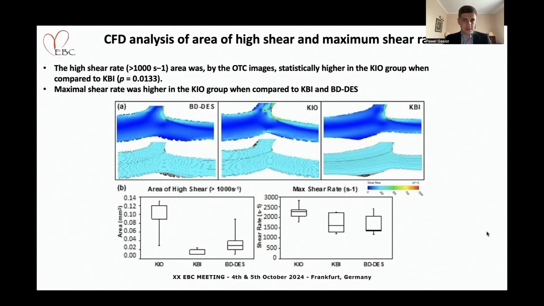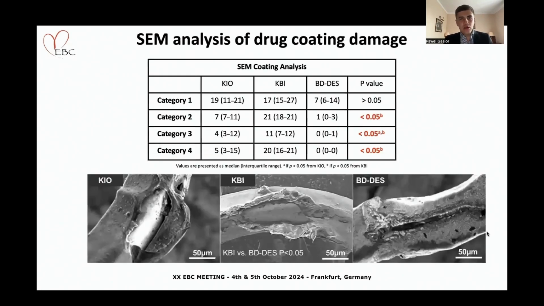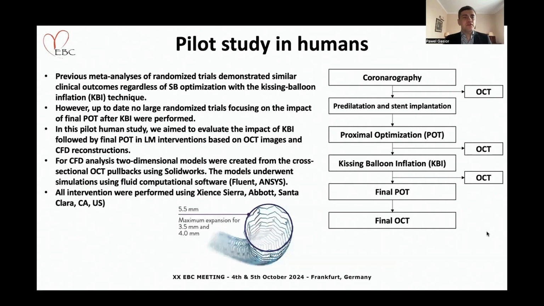Also, we conducted the analysis of drug coating damage under the SEM, and we found that the drug coating integrity was significantly more impaired when the kissing balloon inflation technique was adopted when compared to the keep it open strategy. And a previous meta-analysis of randomized trials demonstrated similar clinical outcomes regardless of side branch optimization with the kissing balloon inflation technique.